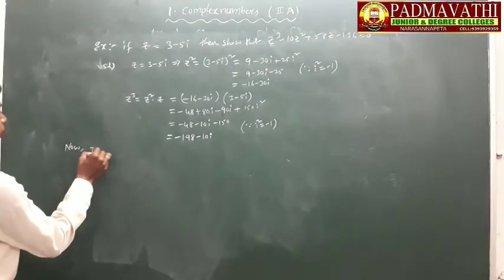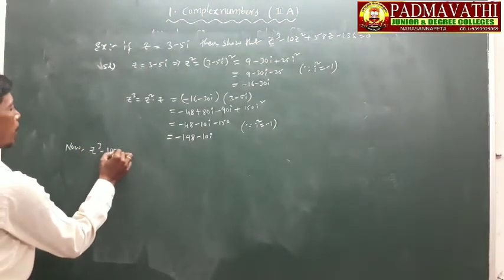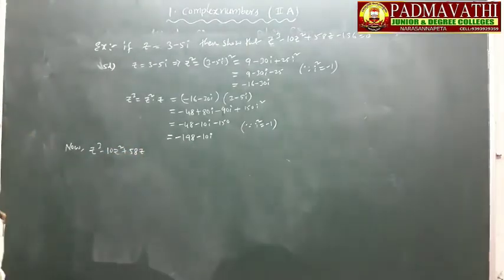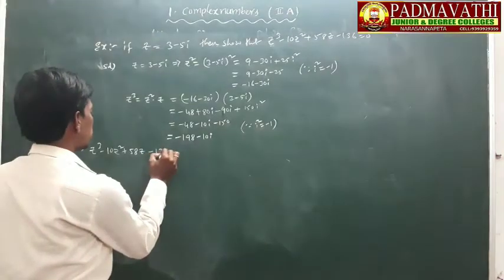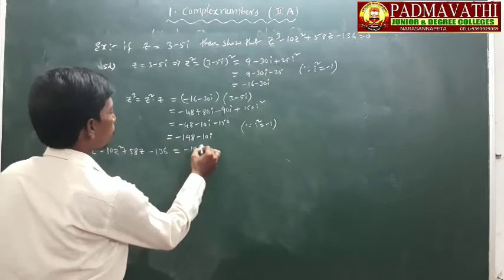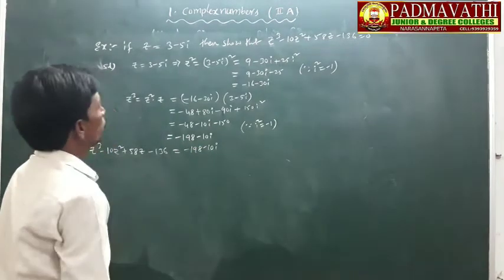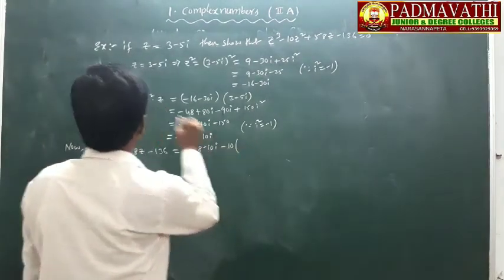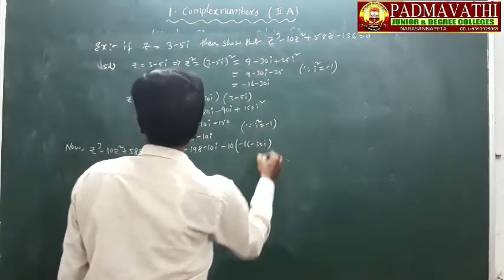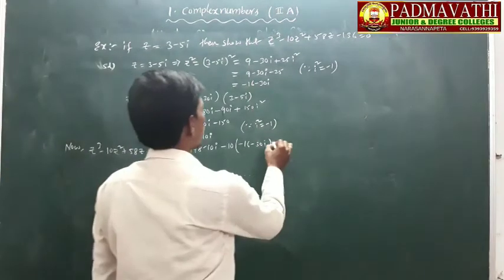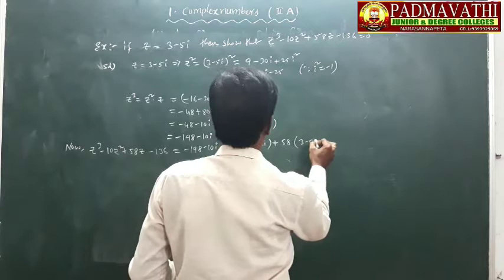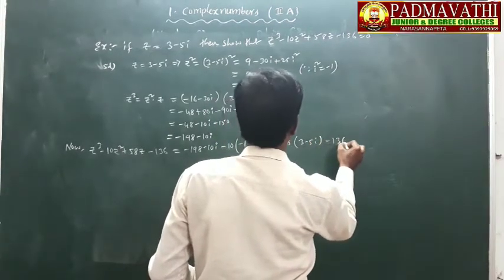Now z cube minus 10z square plus 58z minus 136. What is the value of z cube? Minus 198 minus 10i. Minus 10 z square: what is the value of z square? Minus 16 minus 30i. Plus 58 into z: what is the value of z? 3 minus 5i, minus 136.